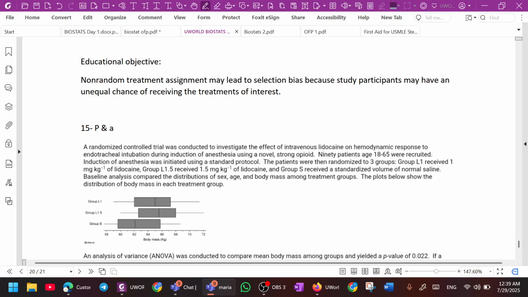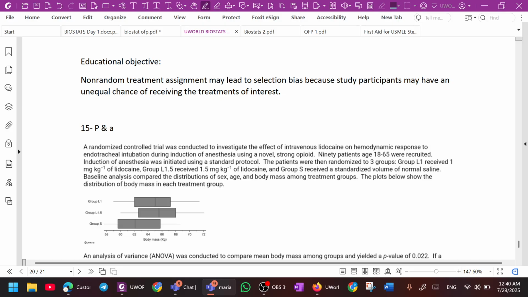Induction of anesthesia was initiated using a standard protocol. The patients were then randomized to three groups. Group L1 received 1 milligram per kg of lidocaine. Group L1.5 received 1.5 milligram per kg of lidocaine, and Group S received a standardized volume of saline.